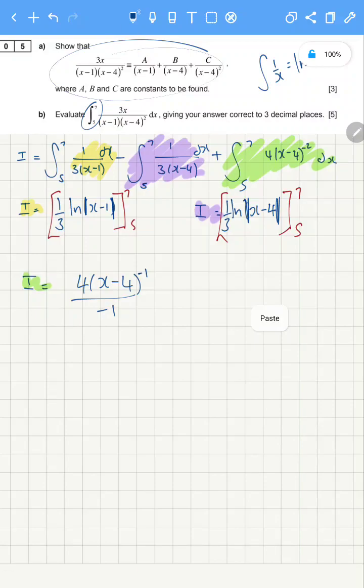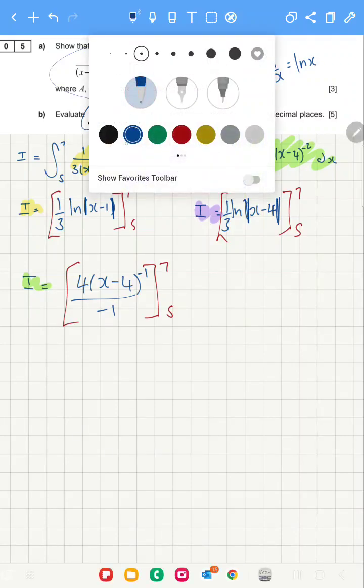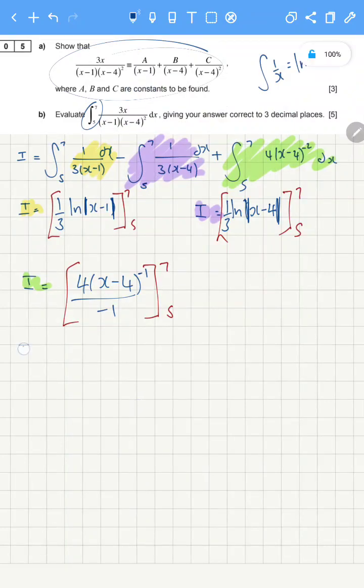And that's also going to be between 7 and 5. There you go. All that is left now is substituting in and adding it all back together. So as a total integral, this is 1/3 log |x minus 1| plus 1/3 log |x minus 4|.